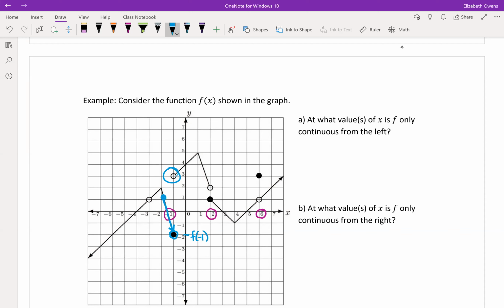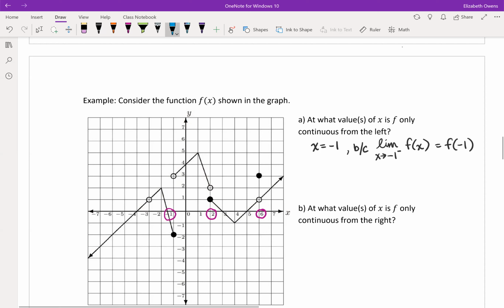This is not f of -1 up here. So the fact that our left-hand limit actually equals the function value gives us continuity from the left. So let's put that on here. X equals -1. And just to note, this is because the limit as x approaches -1 from the left of f of x equals f of -1.